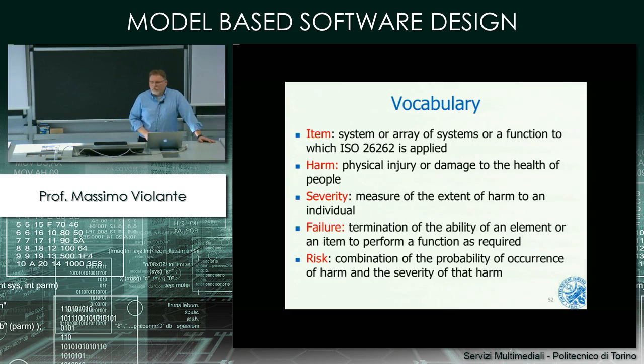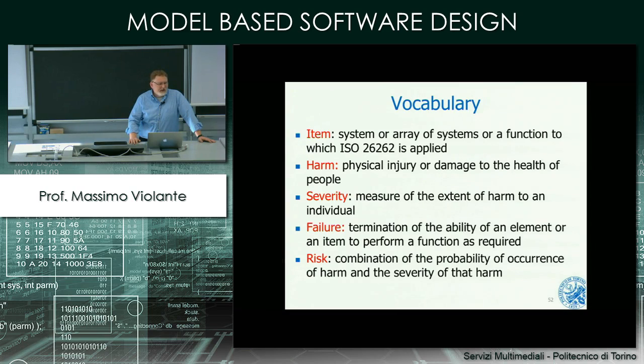Well, first of all, when we deal with the design of something according to the ISO 26262, we are dealing with an item. The item is the system or array of systems or function to which the ISO 26262 is applied. So the item is the steering lock system.